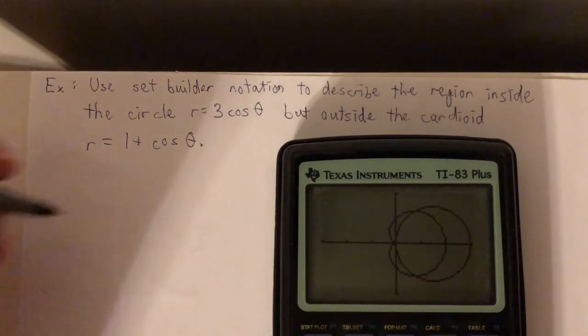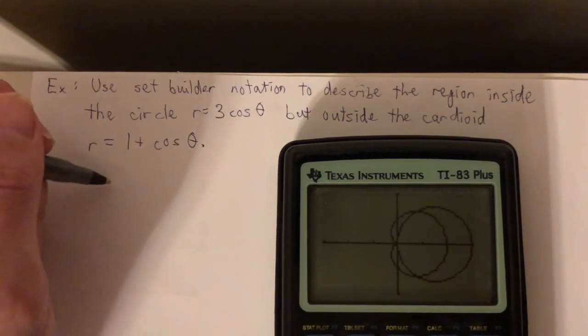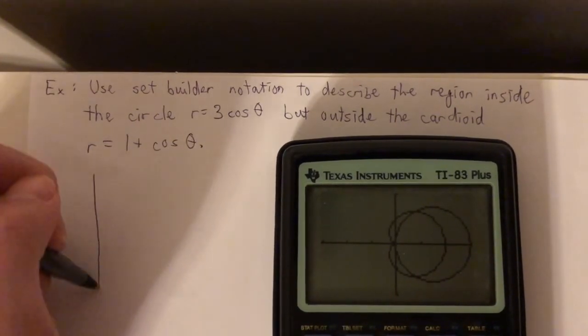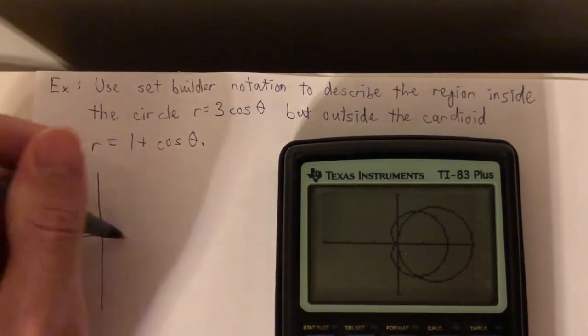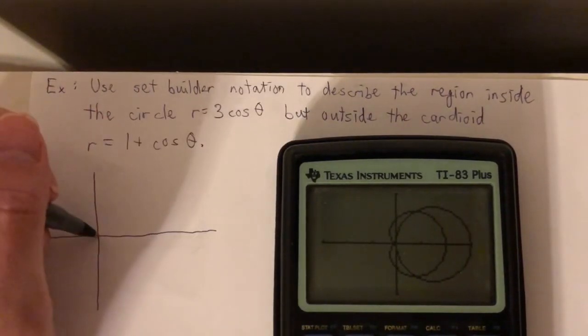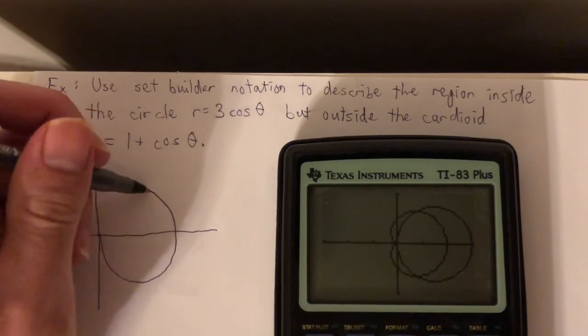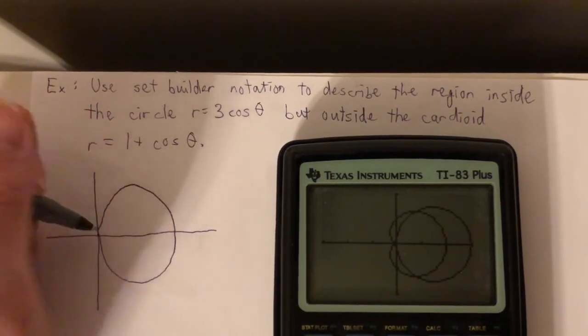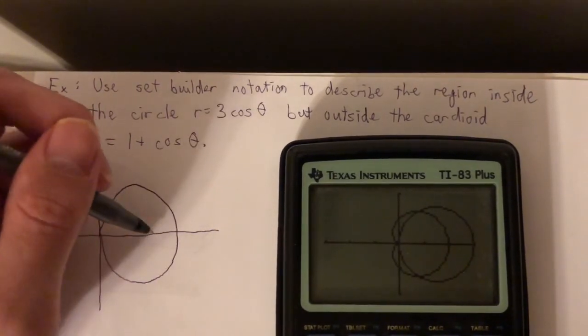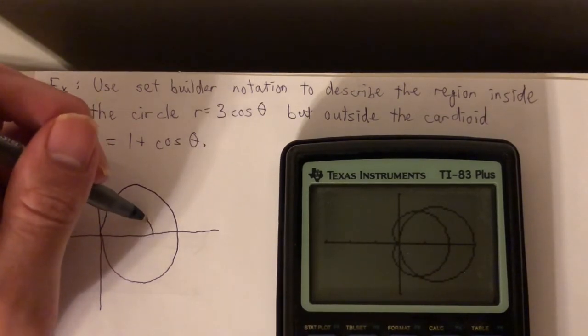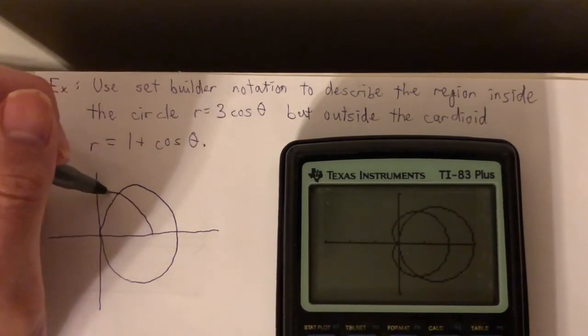So now that we've got this little reminder sketch, I'll draw a sketch here so I can actually draw on it. So I've got my circle, and then I'm going to try and sketch this cardioid as best I can.